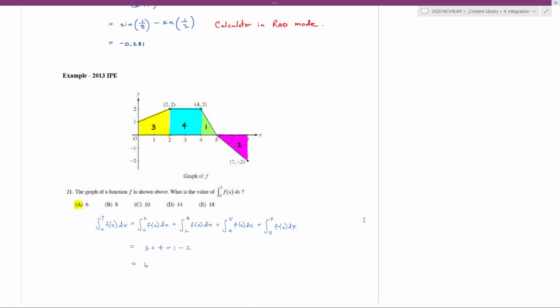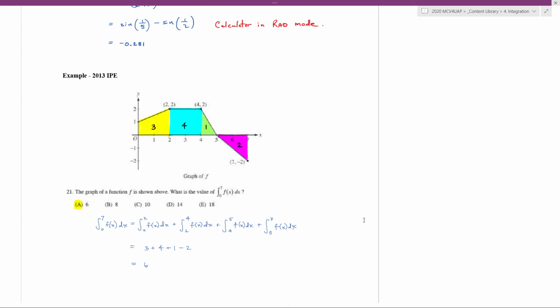So I broke it up into 4 pieces, found the area of each one of those pieces. The yellow shape has an area of 3, the blue square is 4, the green triangle has an area of 1, and that pink triangle that's below the x-axis has an area of 2.